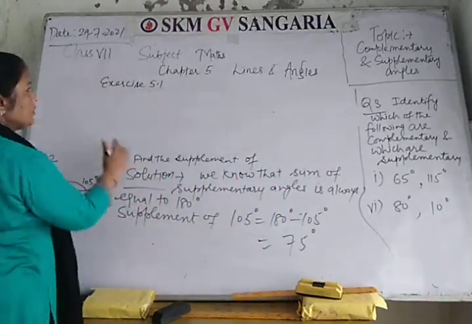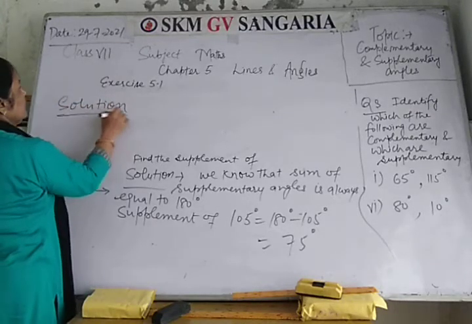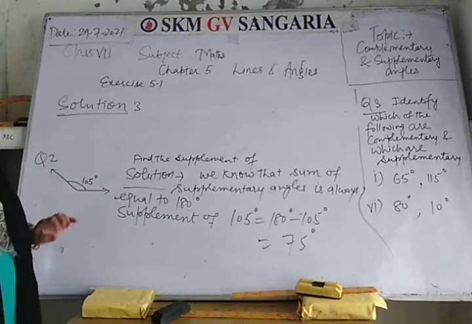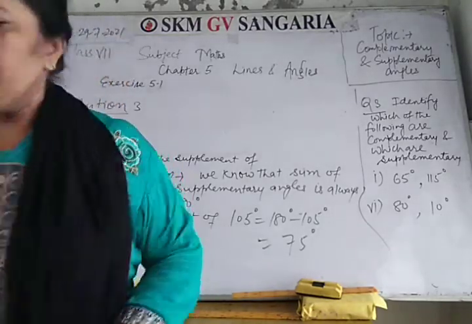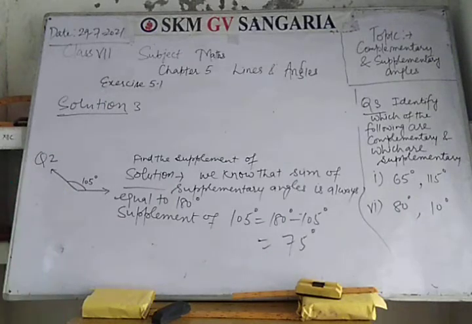This is the solution of the third question. I have taken part 1 and part 6. The rest of the summations you will do yourself. If the sum of the two angles is equal to 90 degree, the angles will be called complementary angles.